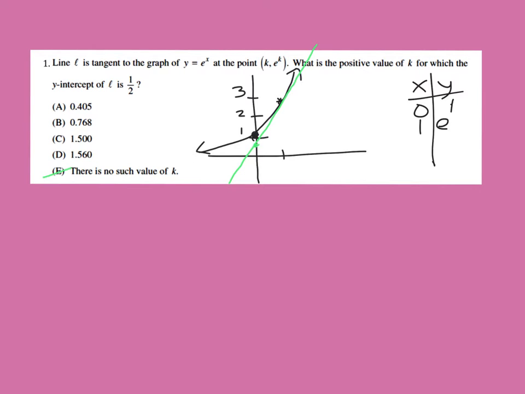So now let's find the equation of this line. Our equation is going to be in y equals mx plus b form. We know something really helpful, and that's the value of b for that line. It is going to be 1/2. The other thing that we know is that the point (k, e to the k) is on that line, so we can plug that in for x and y.